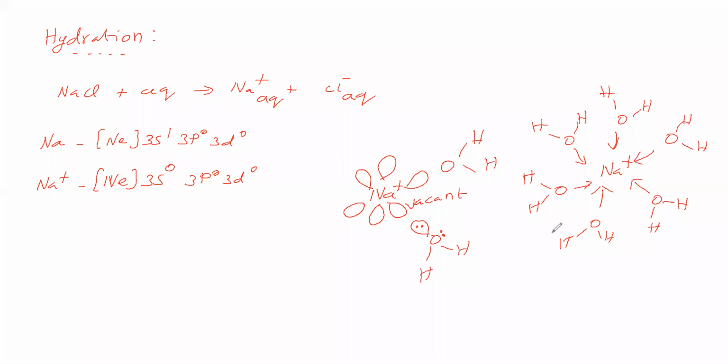So around Na+, 6 dative bonds are formed by water molecules. This is called the primary shell.